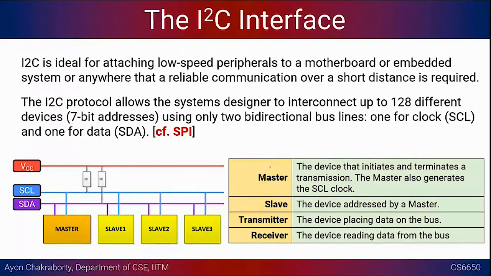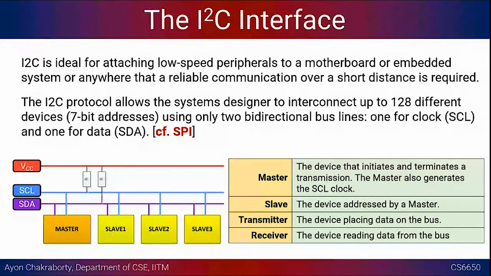The slave device is addressed by a master. The address is going to be requested by the master, and the slave is going to respond to that. And it could be either a transmitter or receiver. It doesn't matter whether it is the master or the slave; they can do transmission and reception.